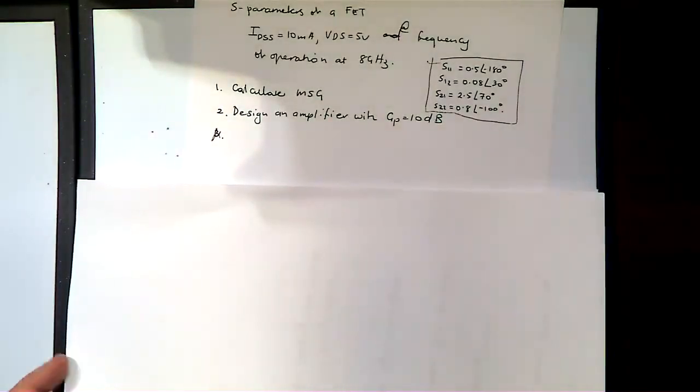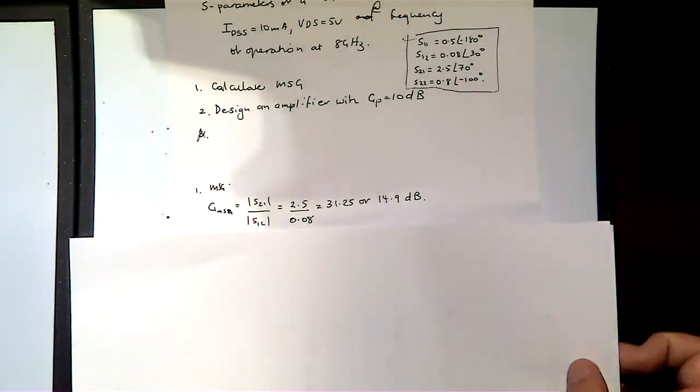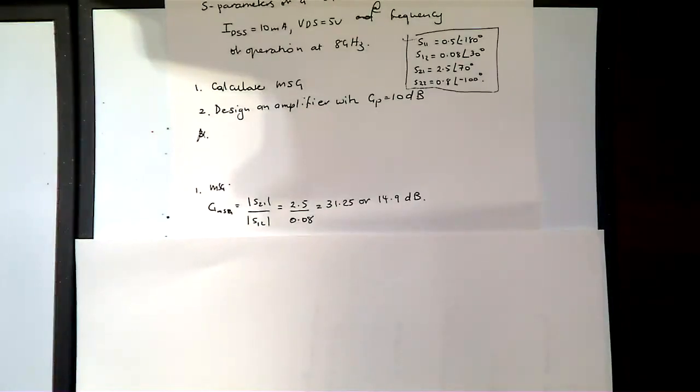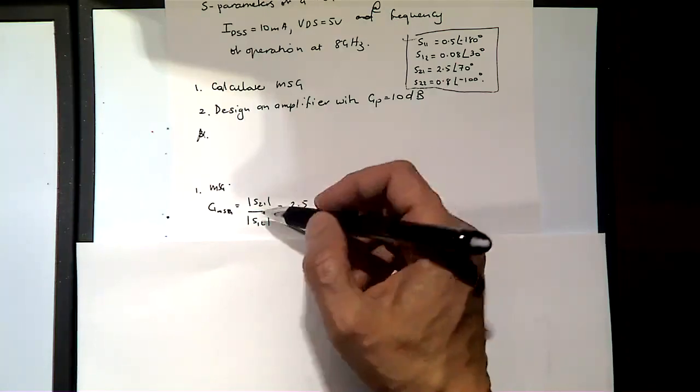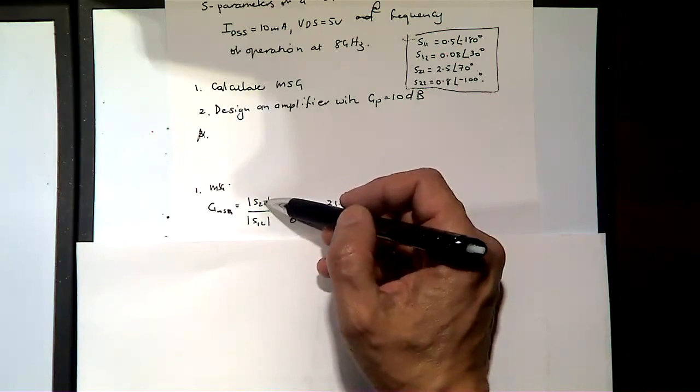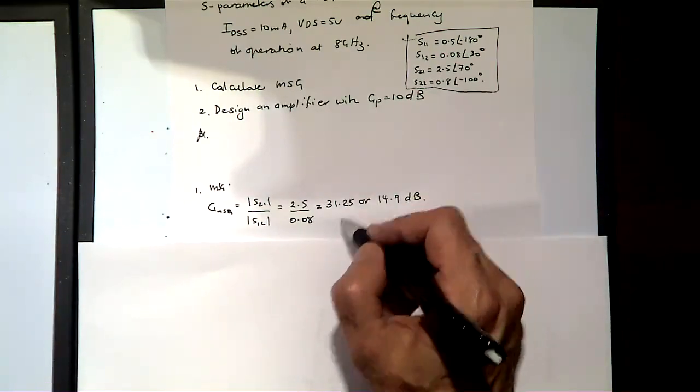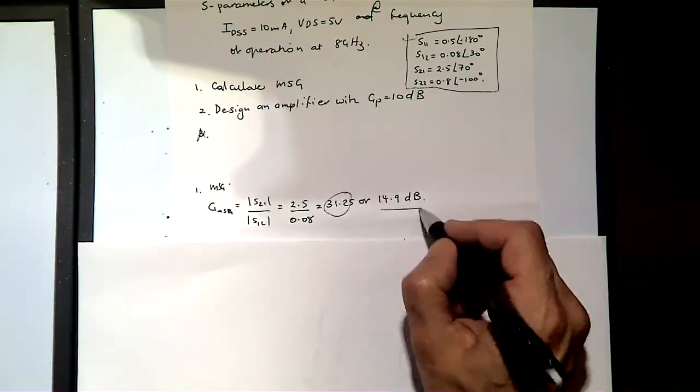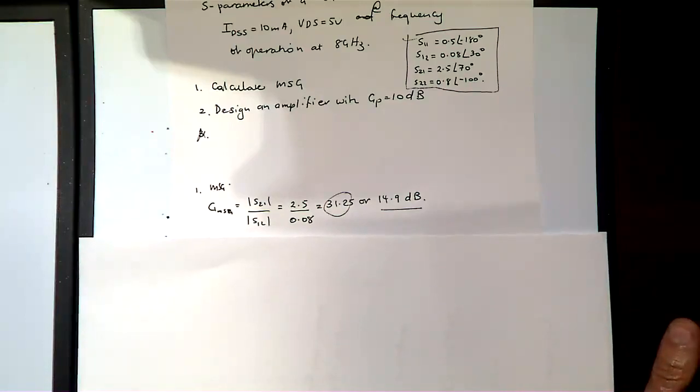All right, you can look it up. You've got the notes anyway. It's not as if I hadn't put the notes up, then it could be different. So maximum stable gain is essentially the ratio of S21 to S12. And in this particular case, it's 31.25 or 14.9 dB. What does that mean? It's the maximum gain that we can achieve, and the system's going to be stable.